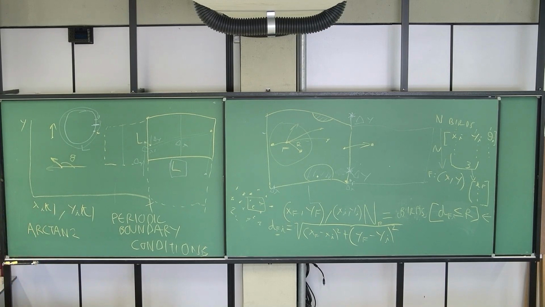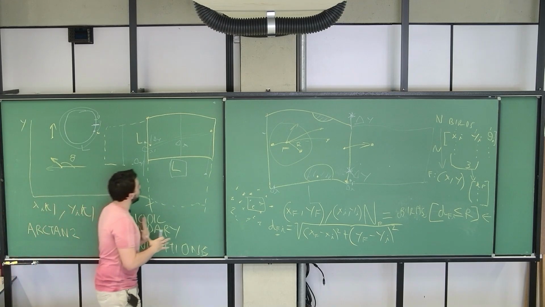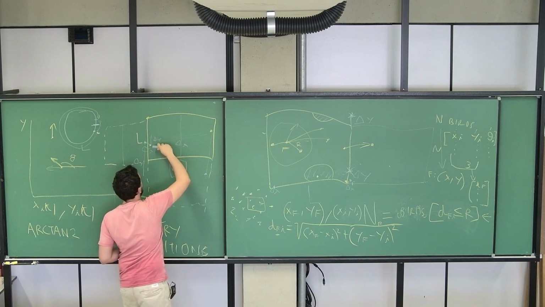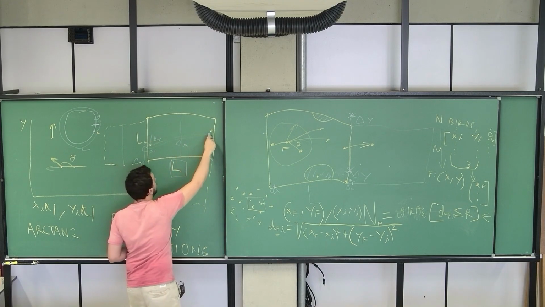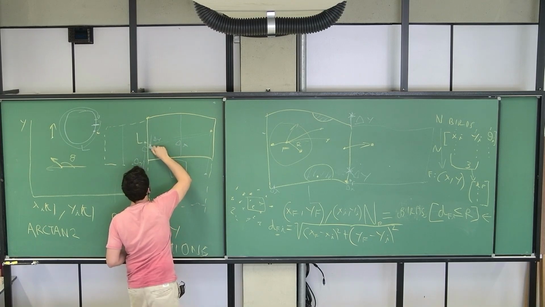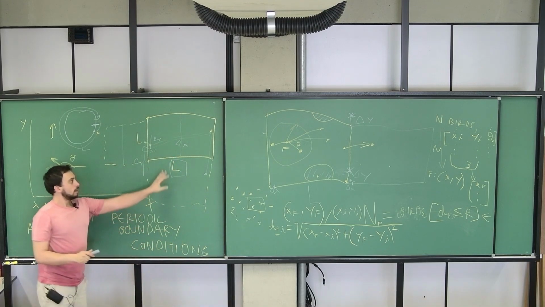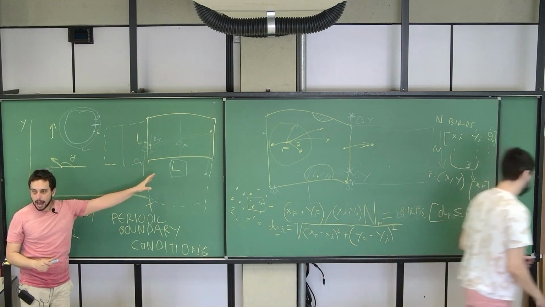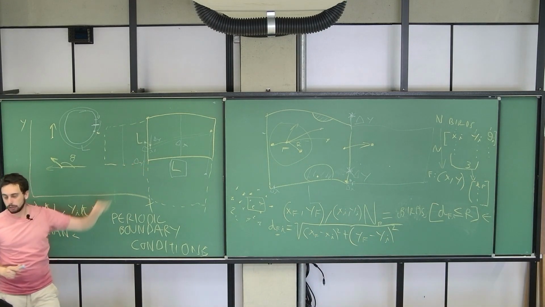So topologically, this is what you're doing. Using this example, let's say that you have delta x. Can you derive, given what delta x and L are, what delta x prime should be?